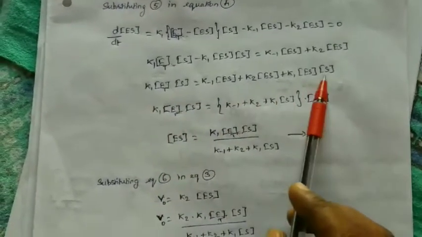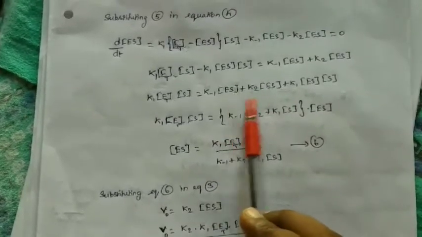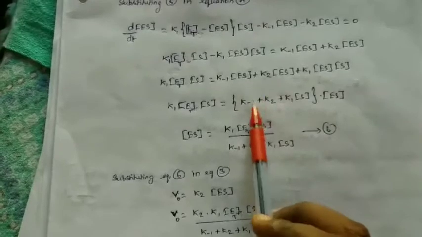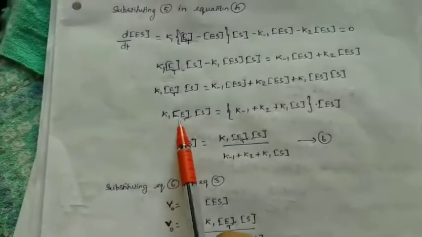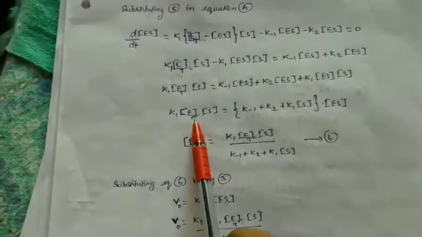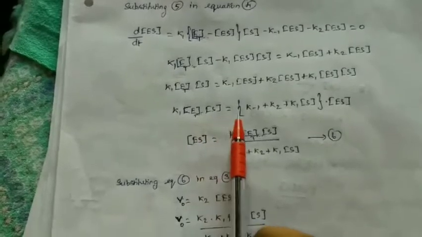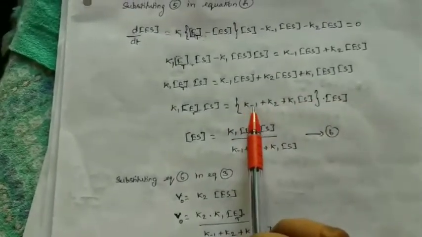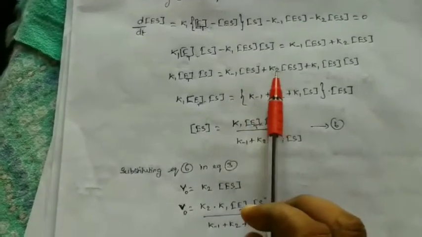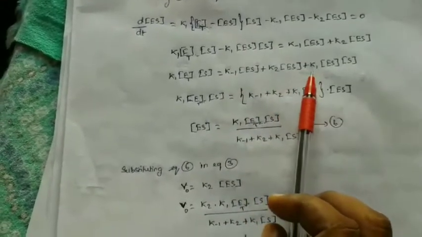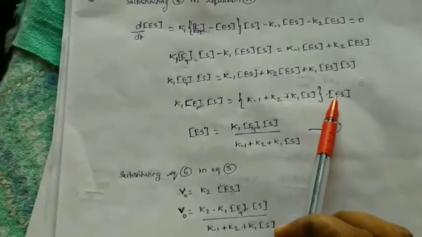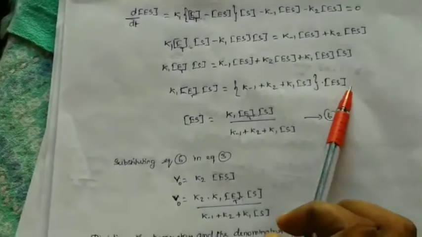Here, overall ES is common, so we are taking ES outside. Then K1 into enzyme total concentration into substrate concentration is equal to, taking ES outside, K-1 plus K2 plus K1 into substrate concentration, into enzyme-substrate complex concentration.